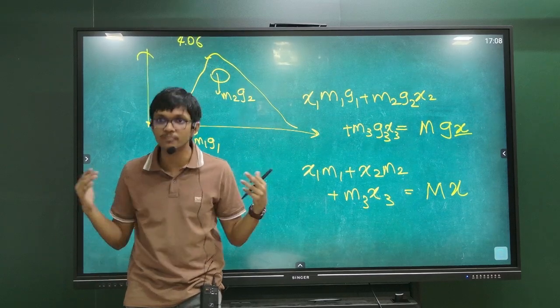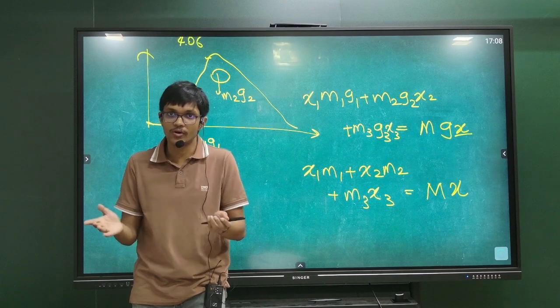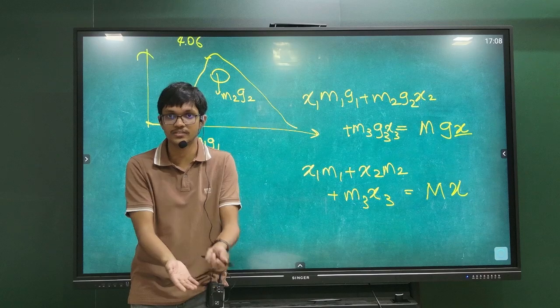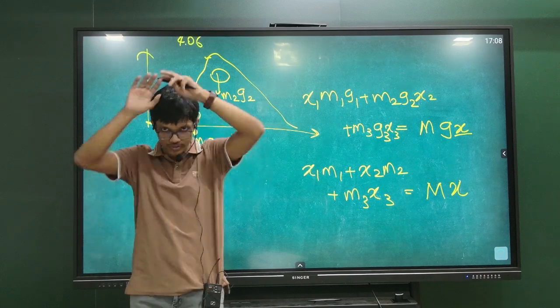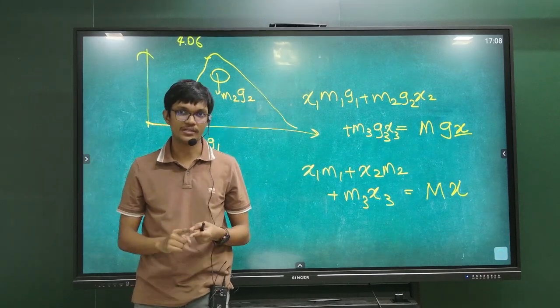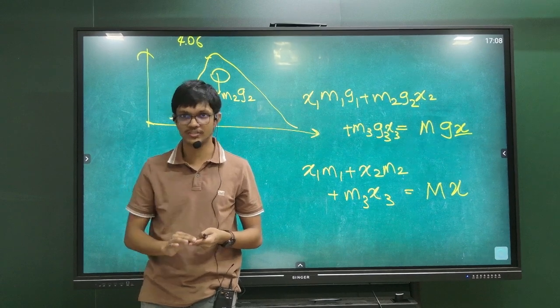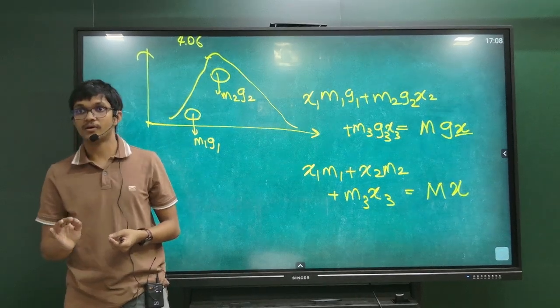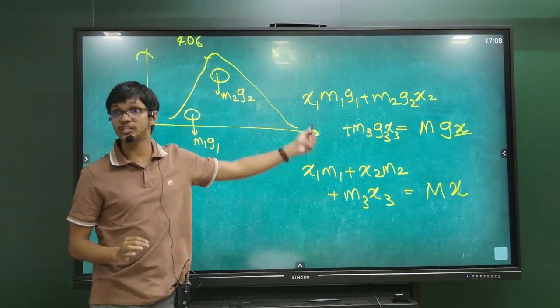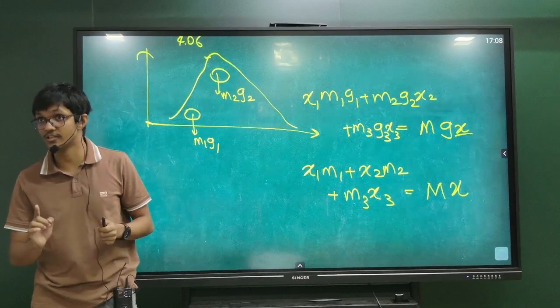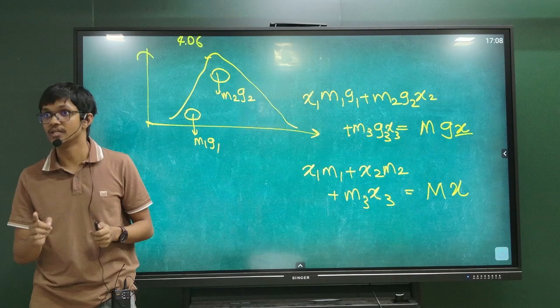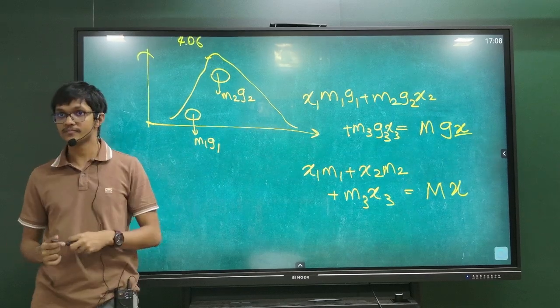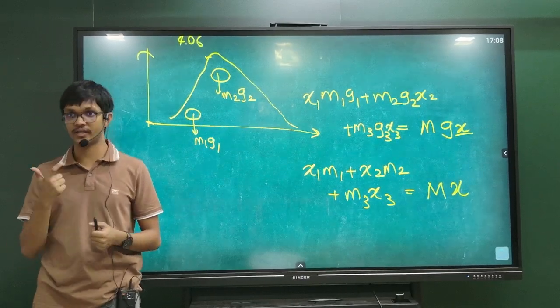So for smaller objects, smaller in the sense it doesn't have to be this pencil or something like that, even for this building, center of mass and center of gravity are almost the same. But in situations where gravitational acceleration changes, in such situations center of mass and center of gravity are different. Clear?